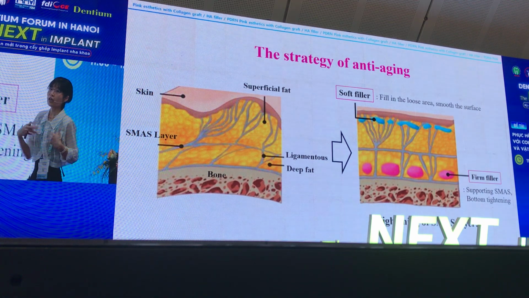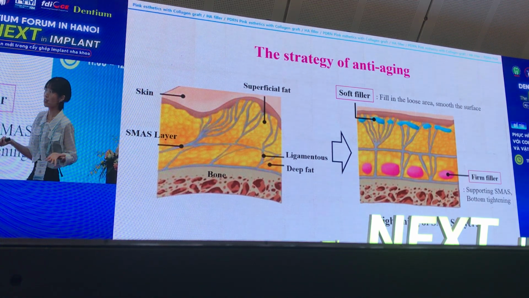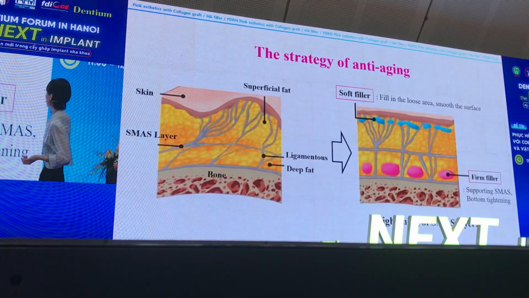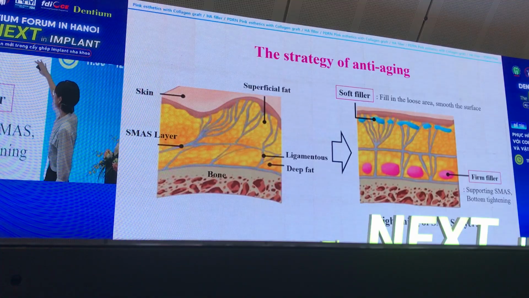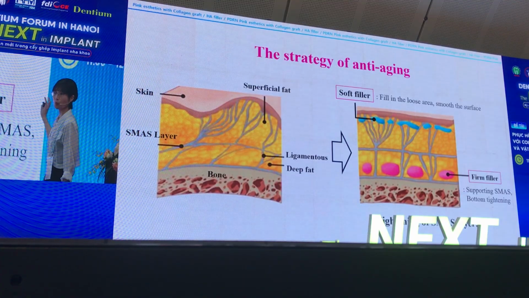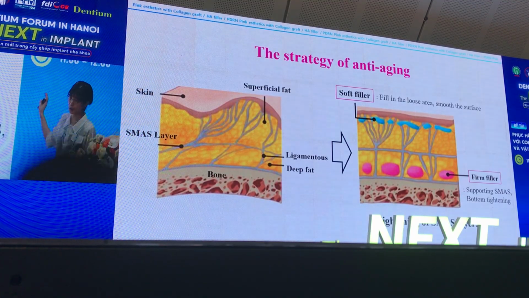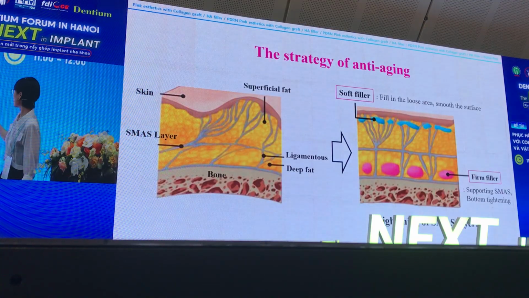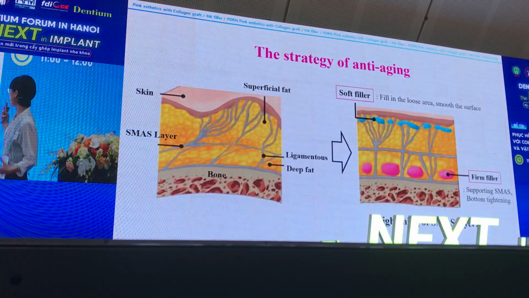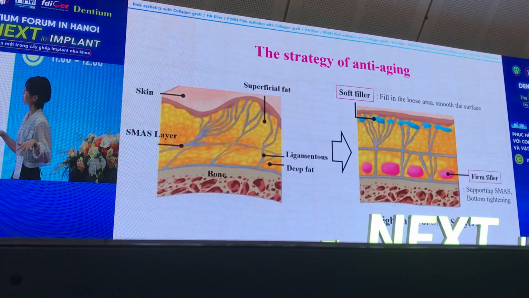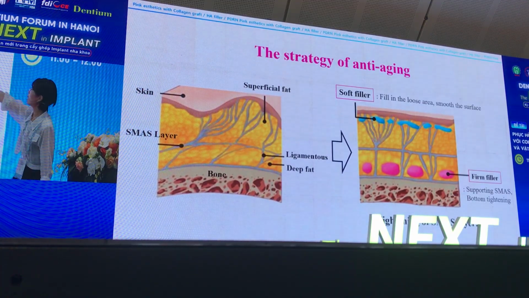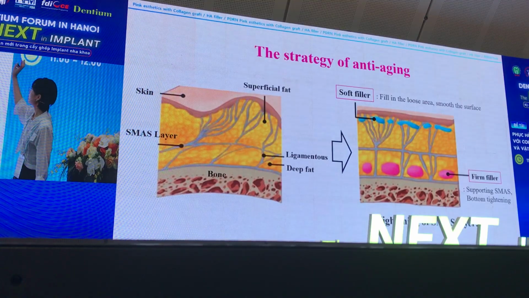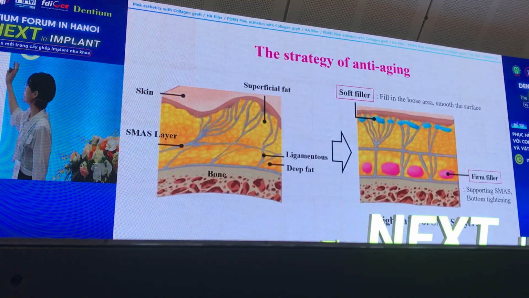So I apply the top filler at the bottom and the subcutaneous filler in the upper part. The top filler means the volume. In the case of the volume filler, it lifts and also tightens the bottom. And the subcutaneous one, that is smile. It can fill the loose part and smooth the surface.